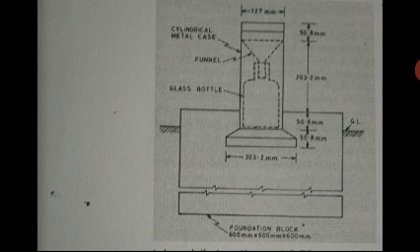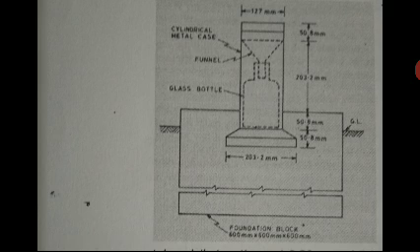Look at the screen. On the screen, the picture shows the Symons rain gauge setup. The Indian Meteorological Department has adopted the standard Symons rain gauge for measuring rainfall. It is a non-recording type rain gauge which consists of a cylindrical metal case of internal diameter 127 mm with its base enlarged to 203.2 mm diameter.